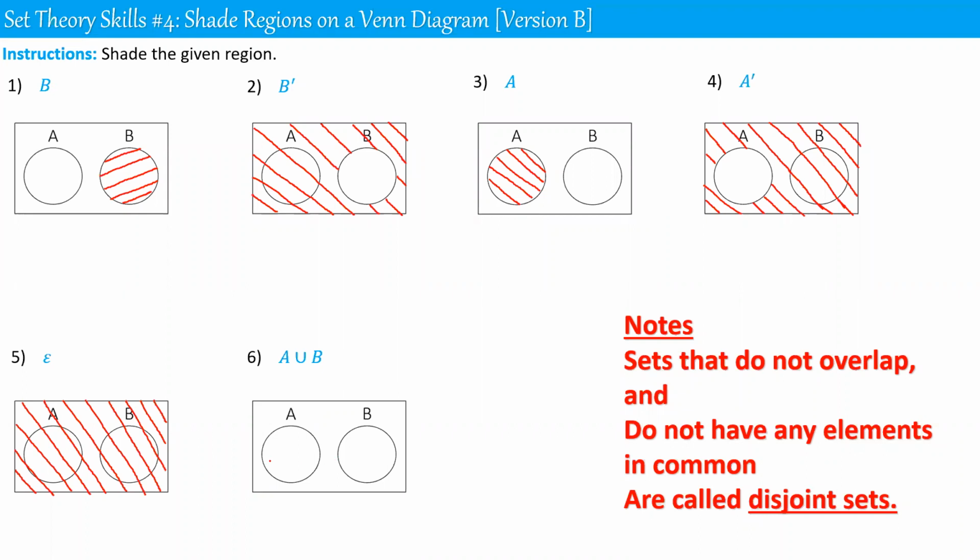So it's going to be all of A and all of B separately, right? Because they're disjoint. So A union B is going to be that and that. Okay, that's it.